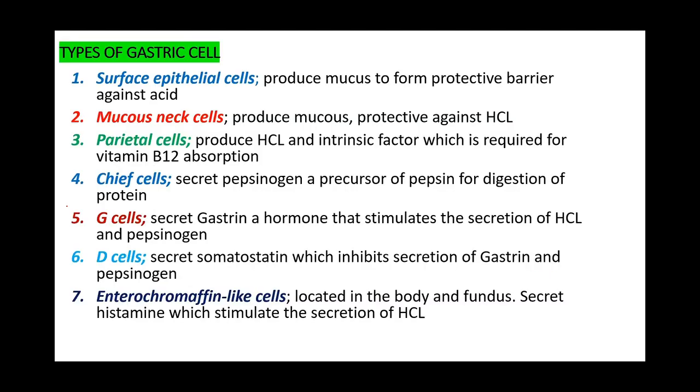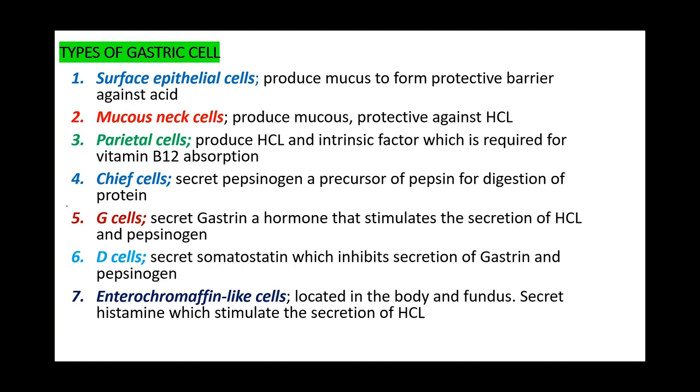Now, what are the types of cells? The various types of cells that are located in the mucosa of the stomach. The surface epithelial cells produce mucus to form a protective barrier against acids. The mucous neck cells produce mucus protective against acid as well.